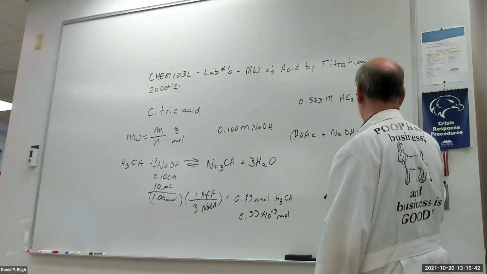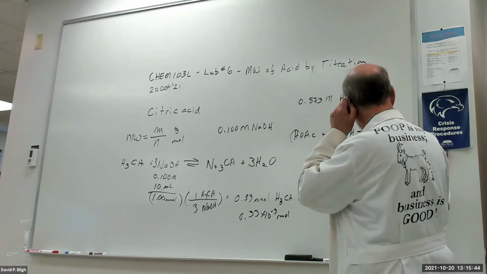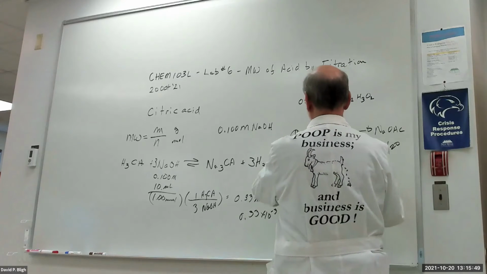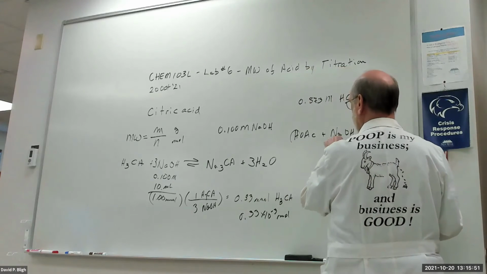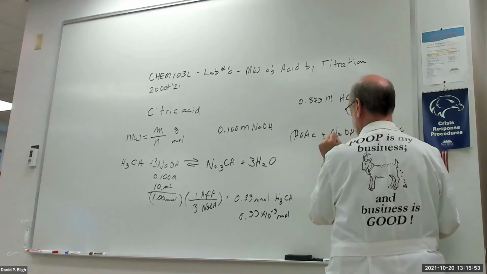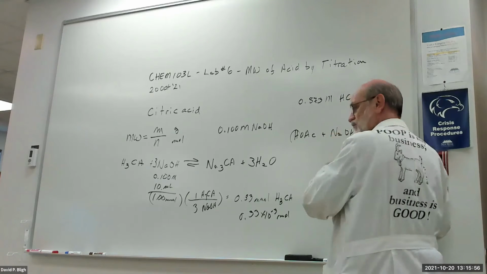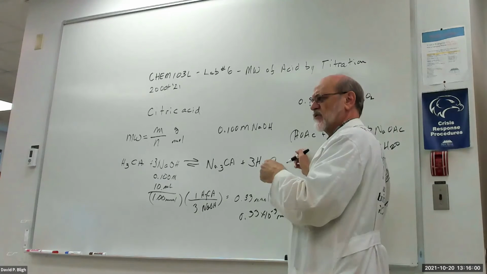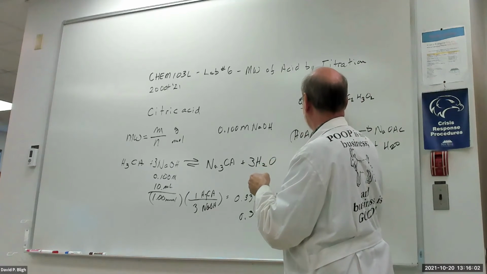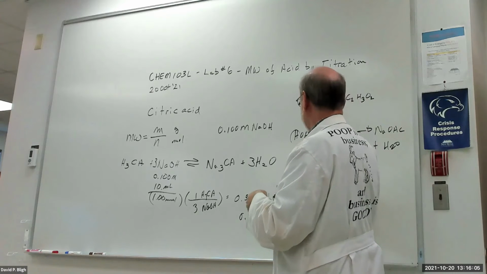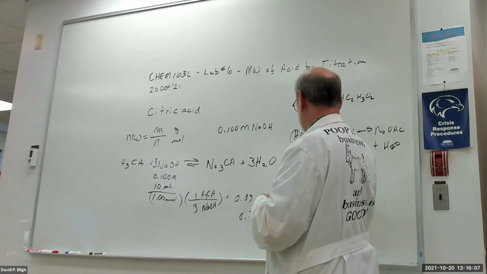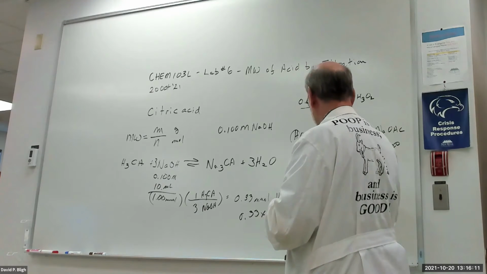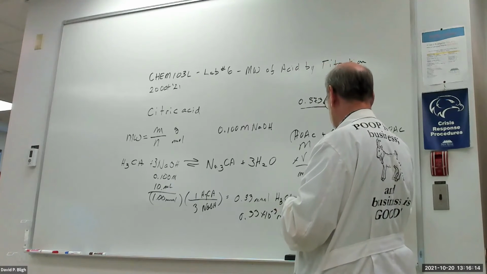So it makes sodium acetate plus water. So if we know the number of moles, if we titrate a certain volume of this one, we measure out an exact volume of this because we know that. So this is our molarity here and the volume. Right? That gives us the number of moles of this, which is equal to the number of moles of this.